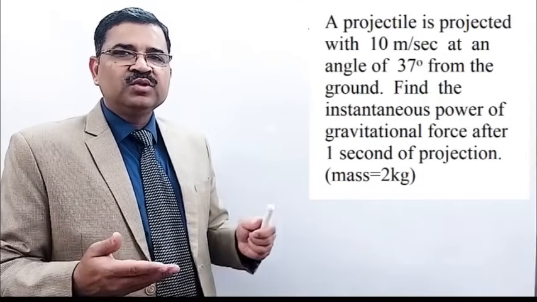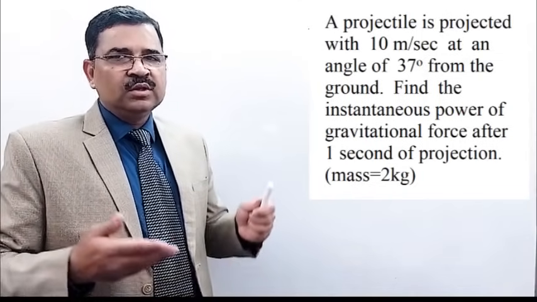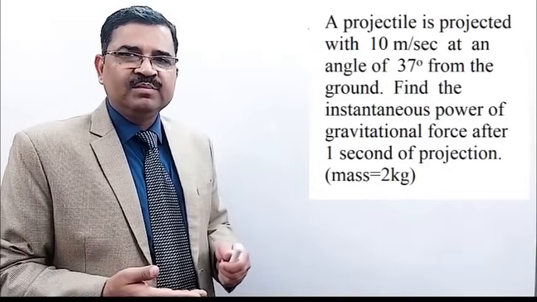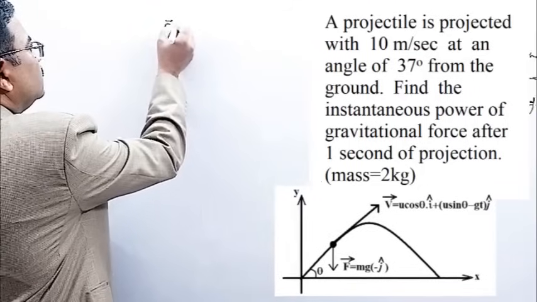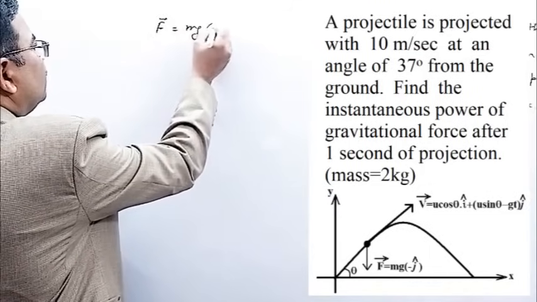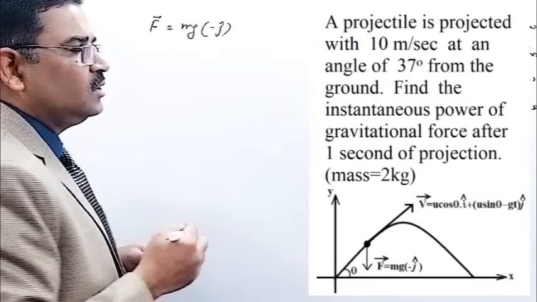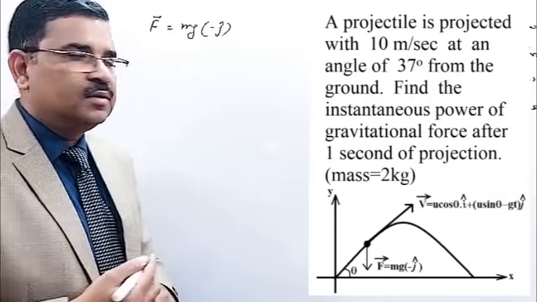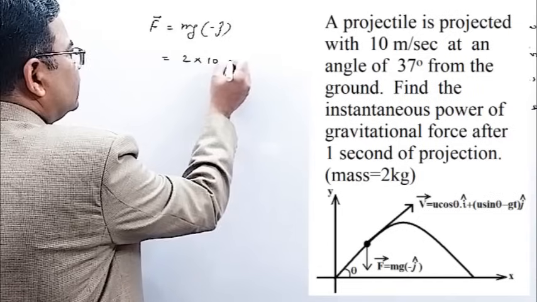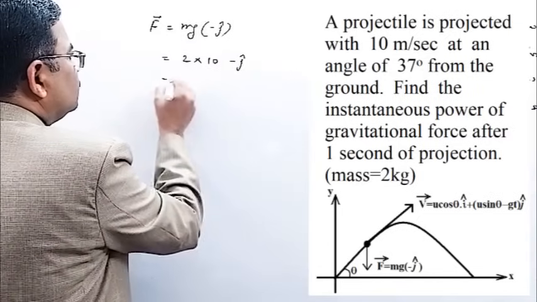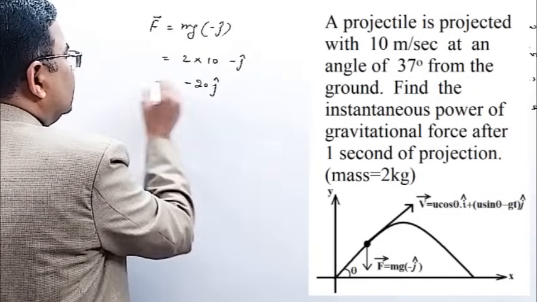So my dear students, on a projectile the force always remains same, and that is mg. So I can say that the value of the force is mg, and I will put minus j because it is along the negative y direction. So the mass is given as 2 kg, gravity is 10 and minus j, so this becomes minus 20 j.